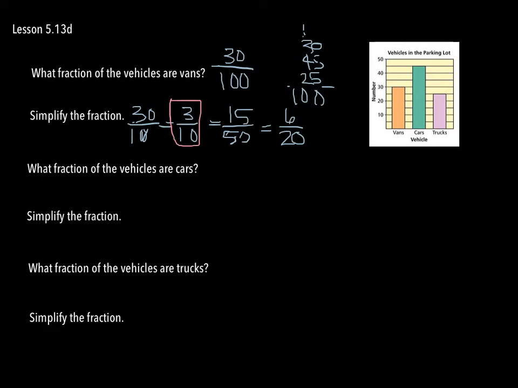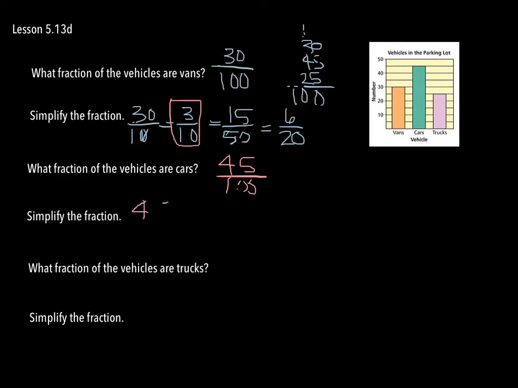Alright, our next part of the question is, what fraction of the vehicles are cars? Well, let's look at cars. Cars right here go up. It's going to be 45. So we have 45 over 100. And again, the next question asks us to simplify.